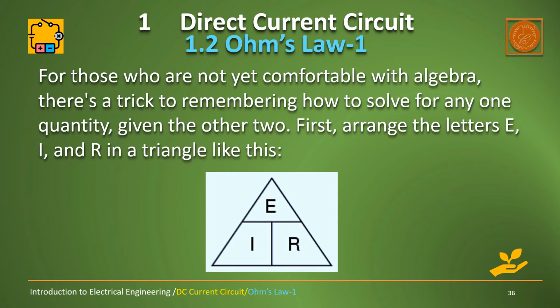For those who are not yet comfortable with algebra, there's a trick to remembering how to solve for any one quantity, given the other two. First, arrange the letters E, I, and R in a triangle like this: E on top, I and R on the bottom.